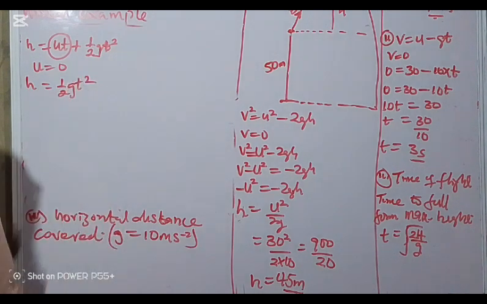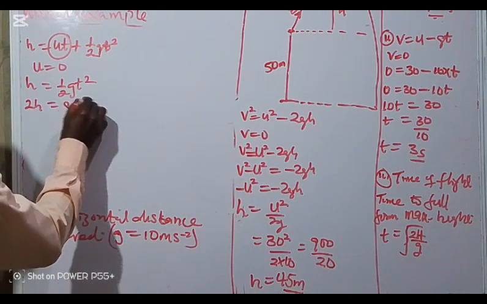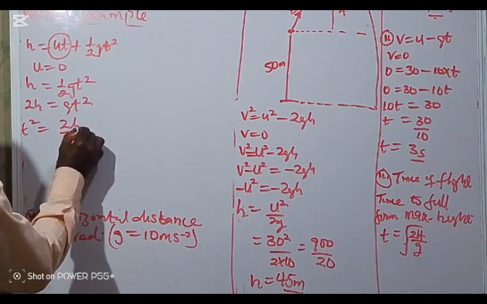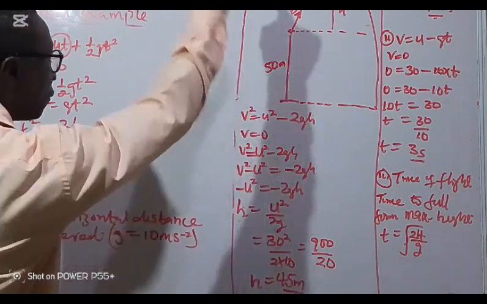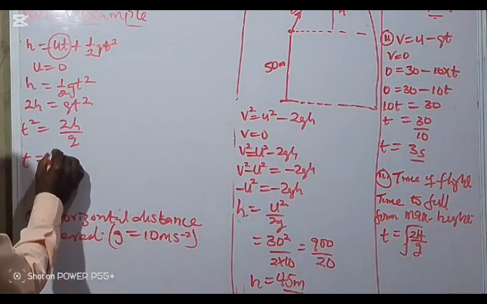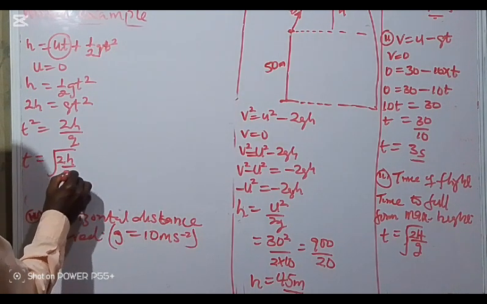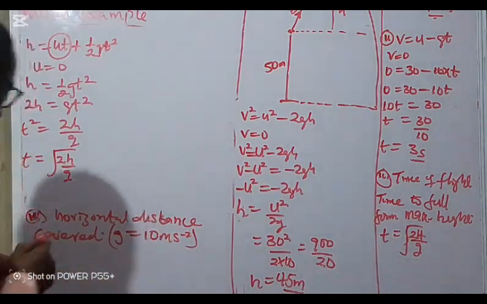This gives 2h is equal to gt squared, so t squared is equal to 2h over g. Finally, our time to fall from maximum height to the ground is the square root of 2h over g. That is the formula we intended to apply.